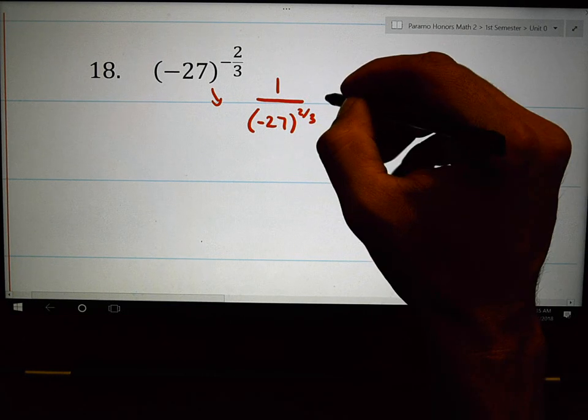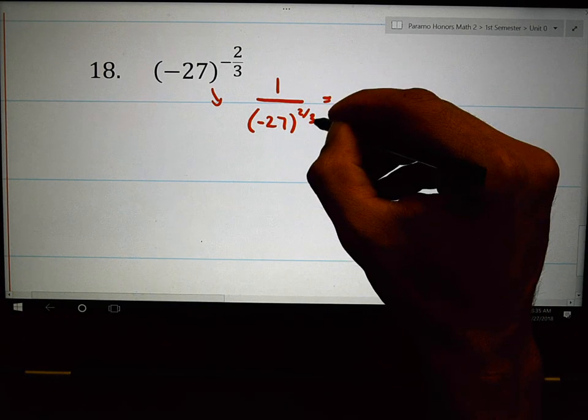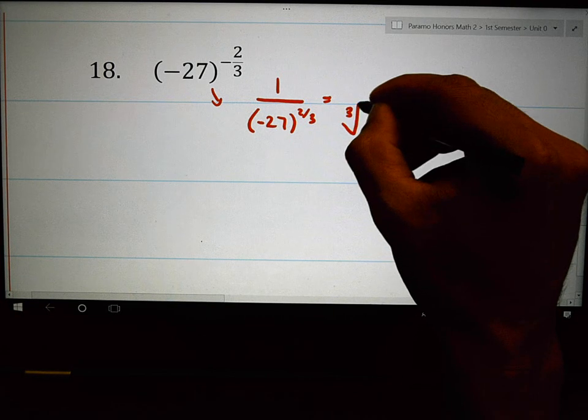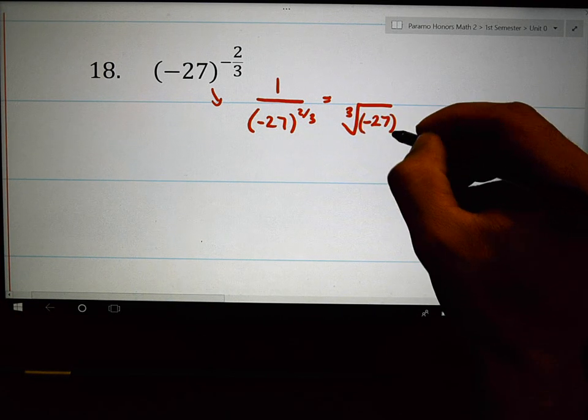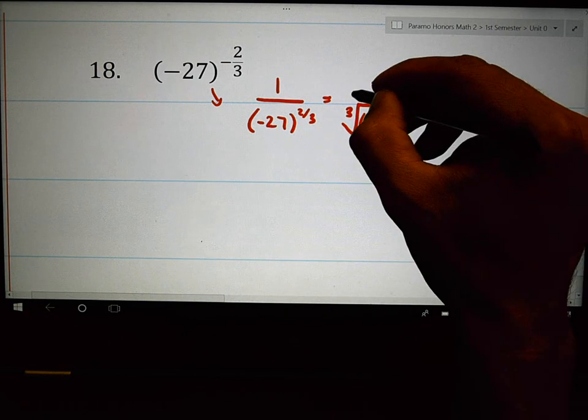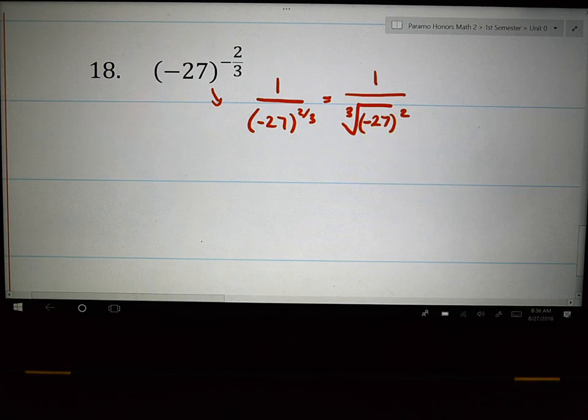Then what I'm going to do is the bottom number is your root. Third root of negative 27 in parentheses, squared, over 1.